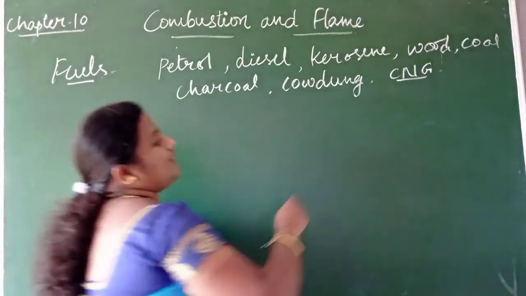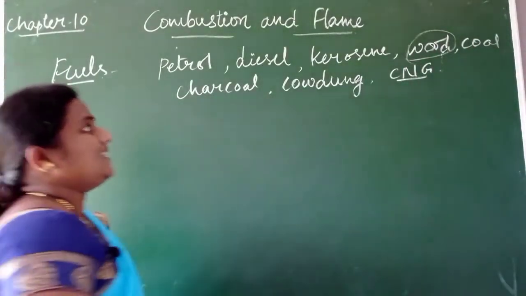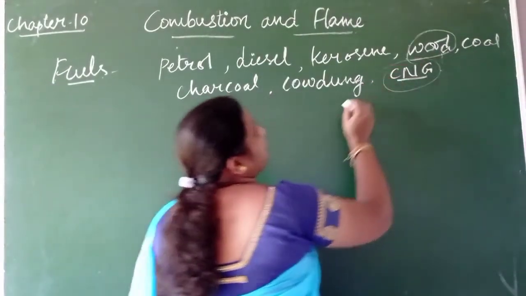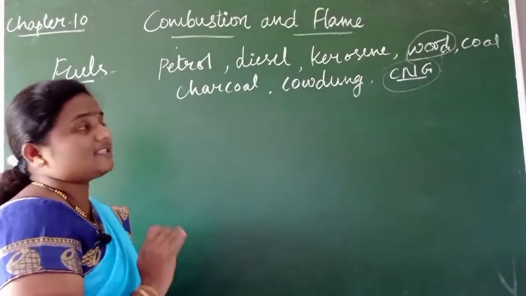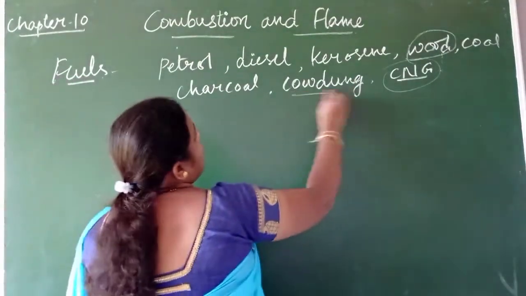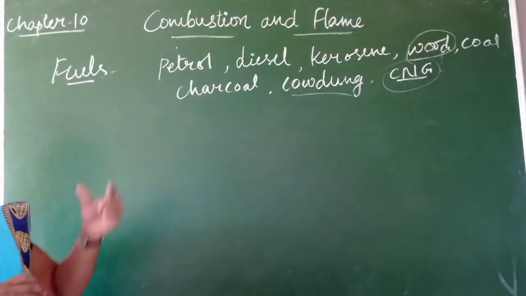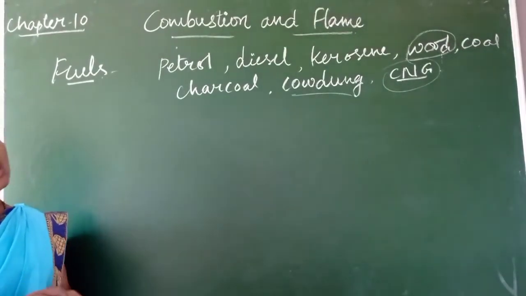So when we talk about domestic purposes, we will use wood, then gas, CNG, and the cylinder, the liquefied petroleum gas, and also cow dung. Such are some of the fuels we are using at our houses.